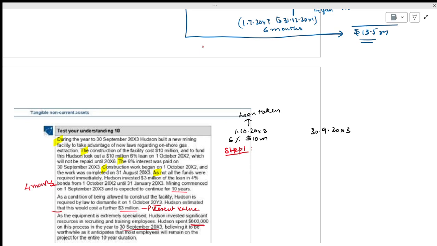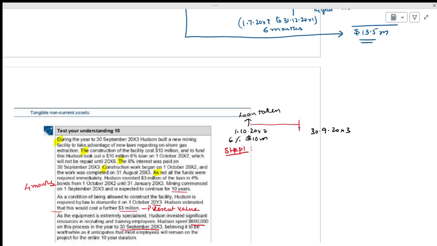Construction began on 1st October, and they have taken the loan on 1st October. And when was it completed? They have completed on 31st August.